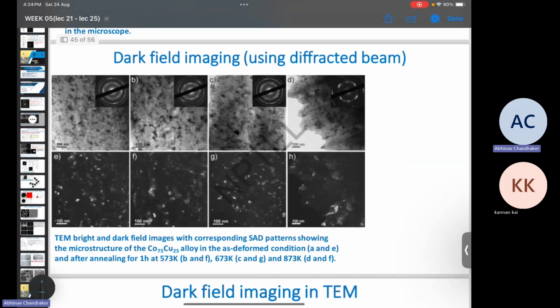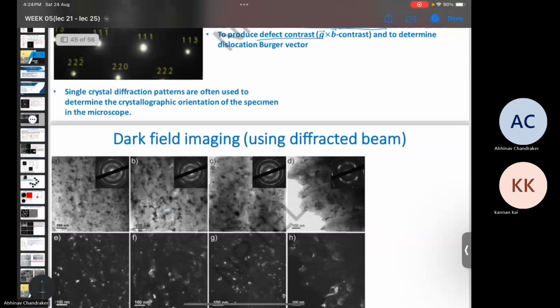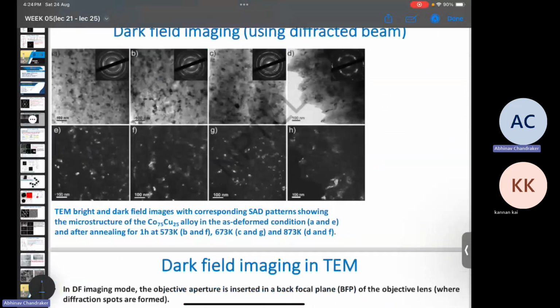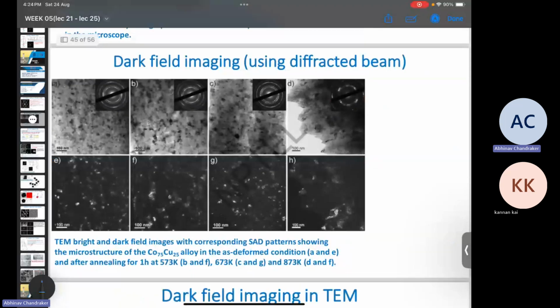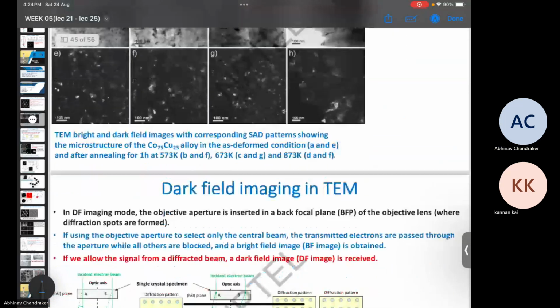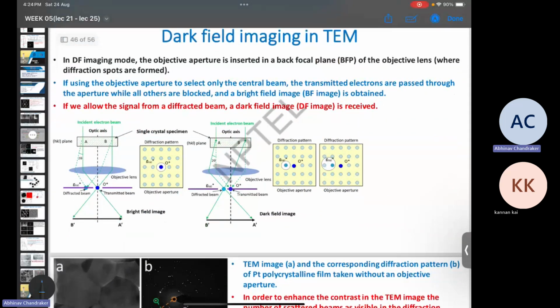Now let's come again to dark field imaging. So this was discussed in the previous course also, previous week also. What do we already know about dark field imaging? We know how dark field imaging is carried out.